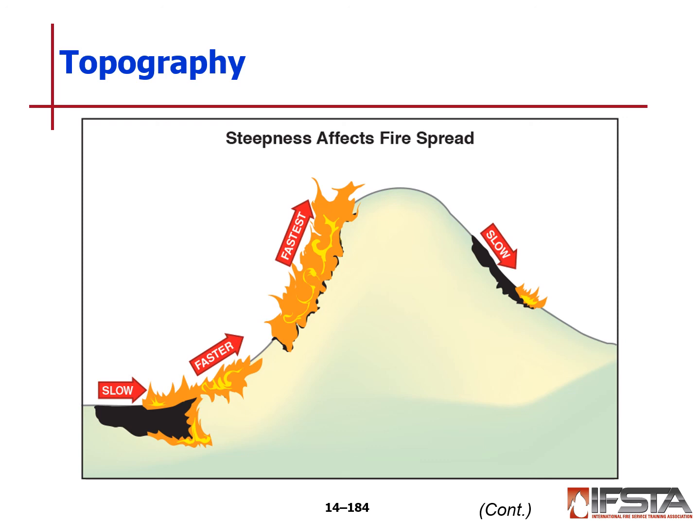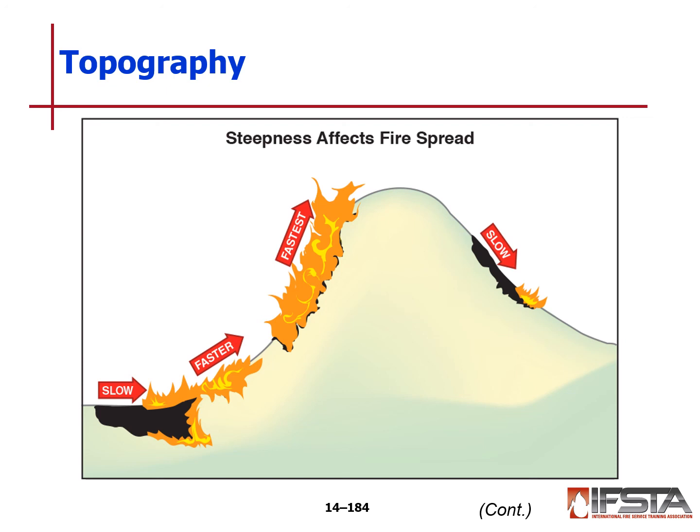We consider topography, especially on the slopes, because the steepness of the slope can accelerate fire spread. What you will have is a preheating, if you will, of the fire materials.